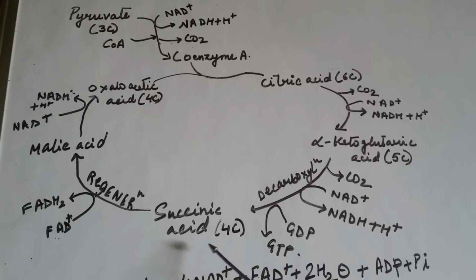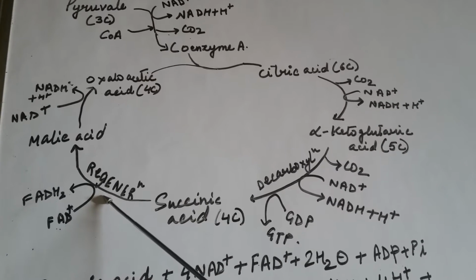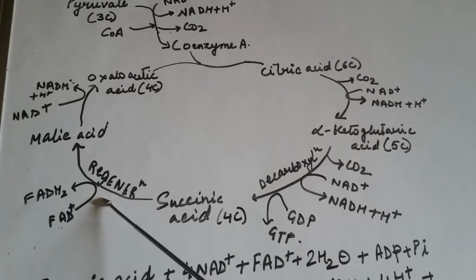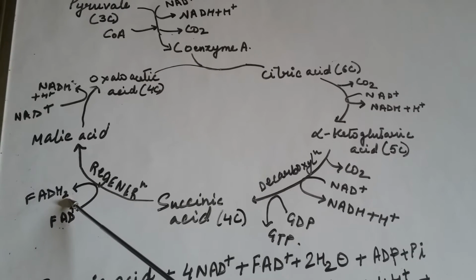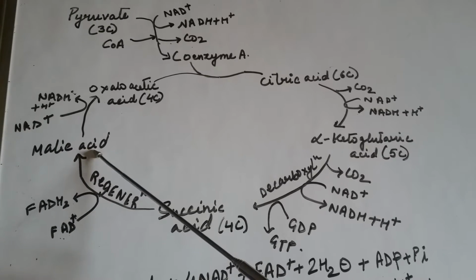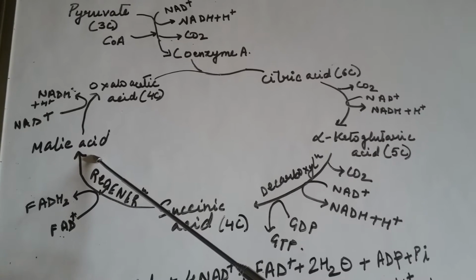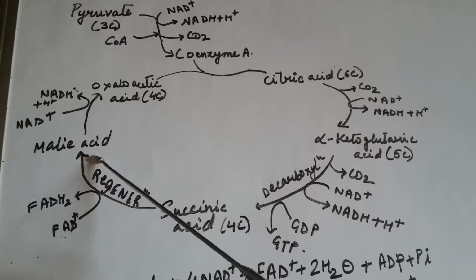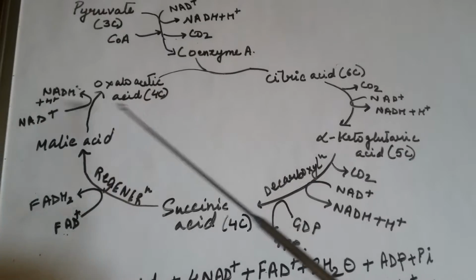From succinic acid, a regeneration process is carried out, resulting in the formation of 1 FADH2, and malic acid is formed. Malic acid is then converted to oxaloacetic acid with the reduction of NAD+ to NADH.